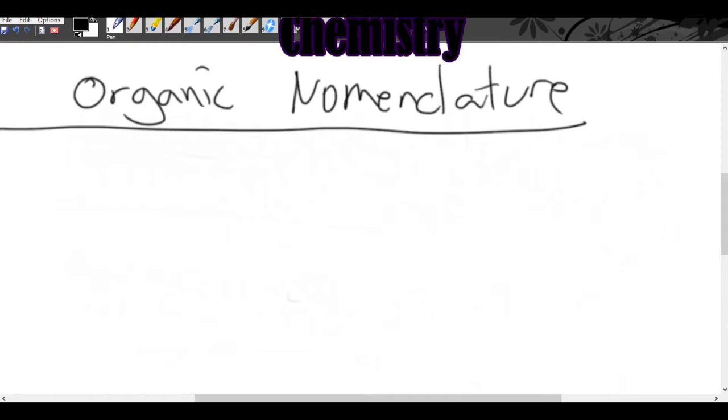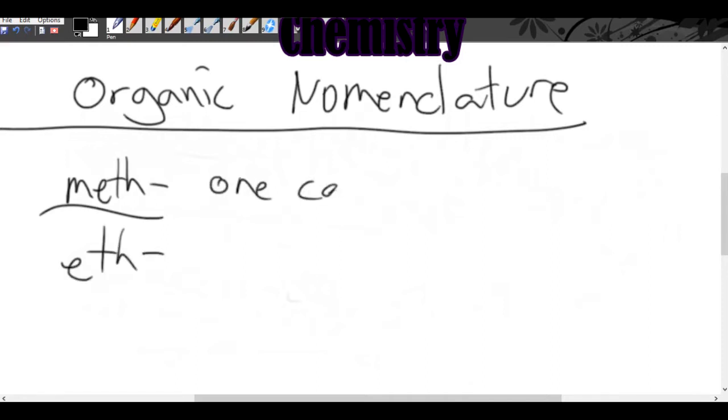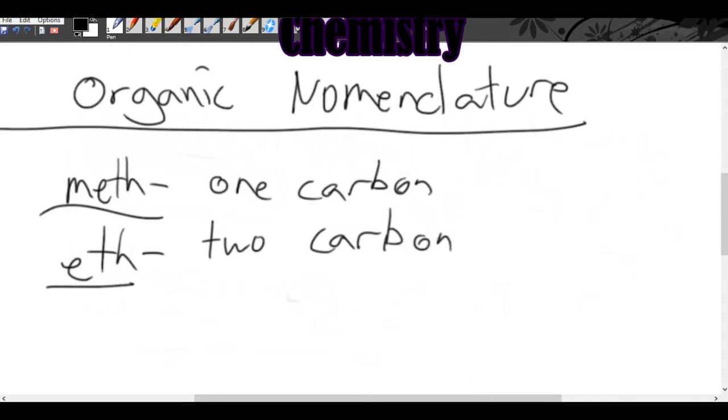So if there's only one carbon in the molecule, we call this met. The second one is called et, and this one is two carbon. Oops, my bad. I meant to say B instead of T, sorry. This one is called pro, which I just introduced earlier, which means it has 3 carbons.